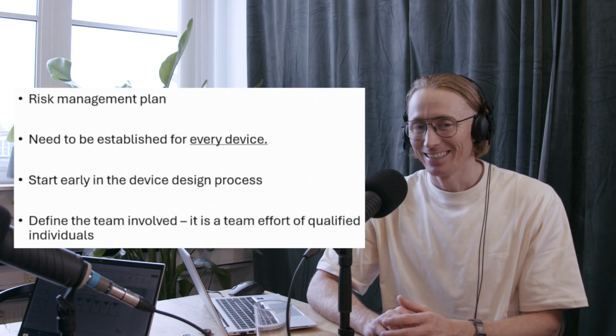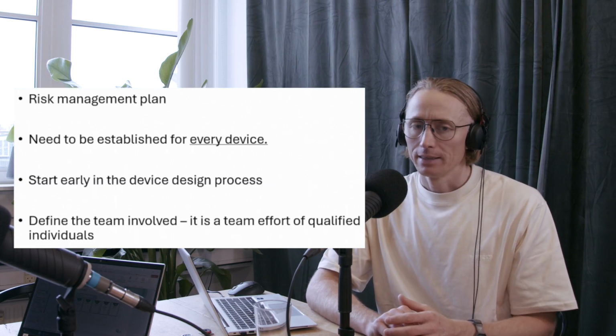Besides that, it's a process that you need to go through. And there are certain documents that need to be in your risk management. So where to start? What do you do first? I think a very good start would be to create a plan. That is one of the documents that you need. It's a risk management plan.